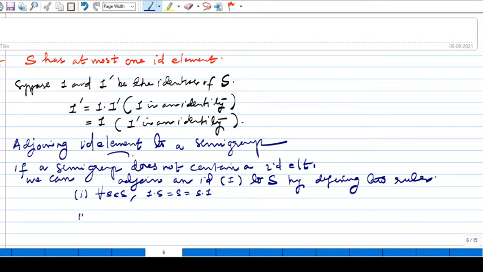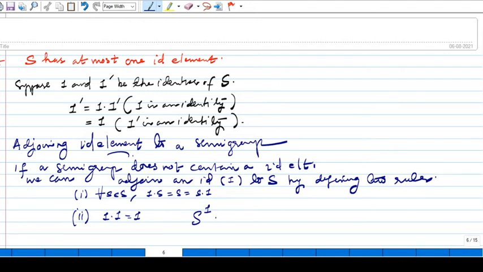Now the problem is, what about when it multiplies with itself? Because 1 does not belong to S, right? So I have to define it separately. Simply define 1 times 1 is 1, right? So these are the two properties which define an identity element, and we will denote this by S1.